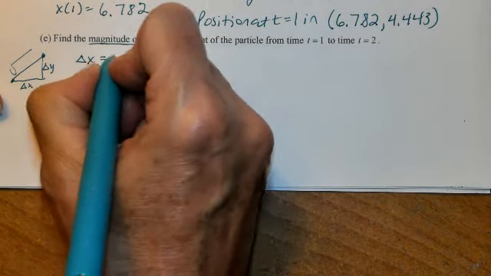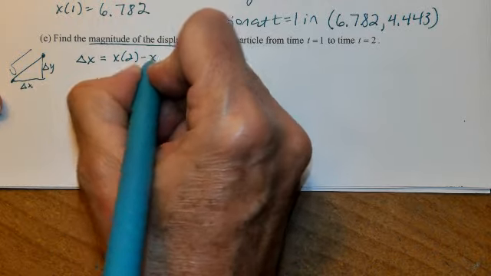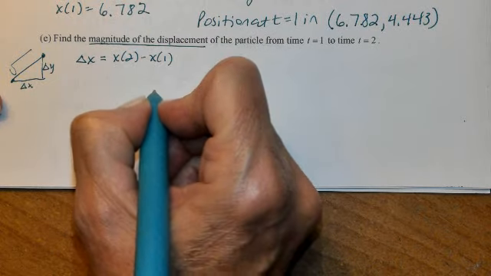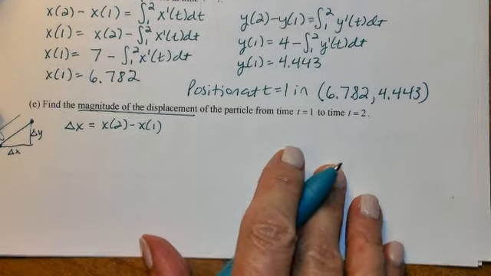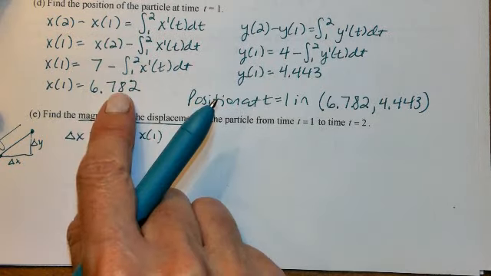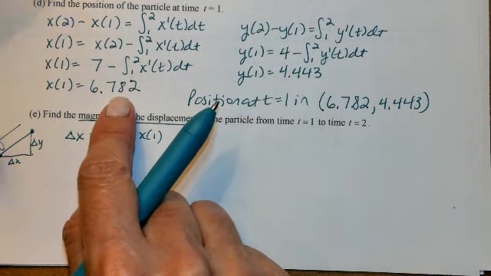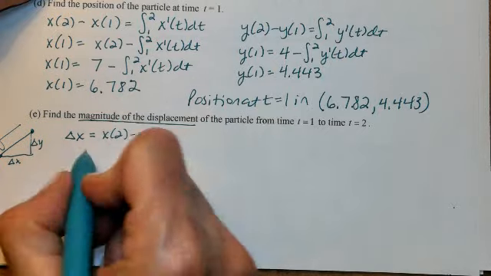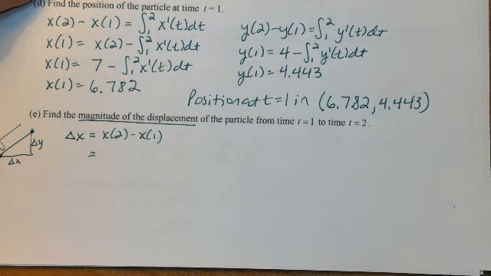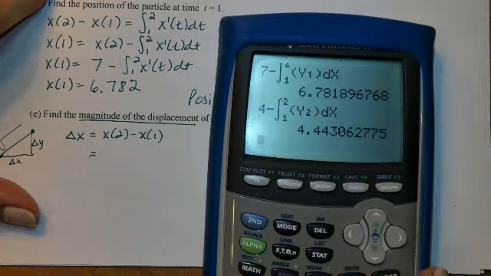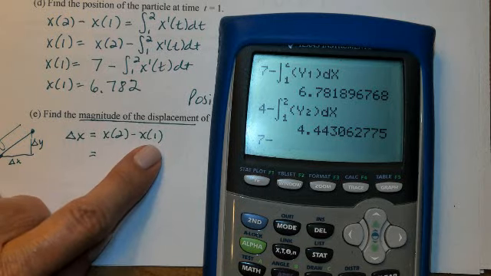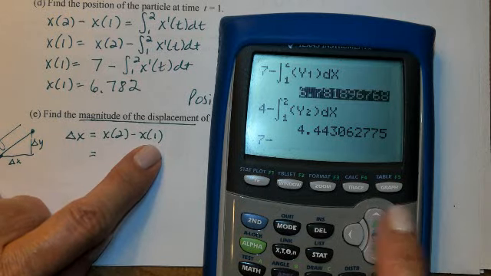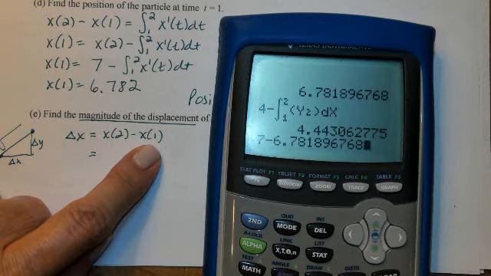Delta x is x at 2 minus x at 1. And I just found both of those. I just found x at 1 and I was given x at 2, right? So x at 2 was the 7 minus x at 1 was my 6.782.